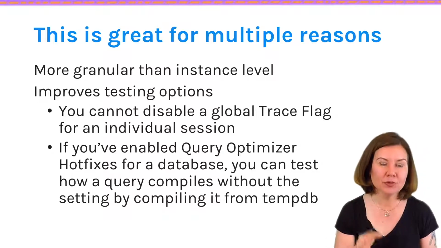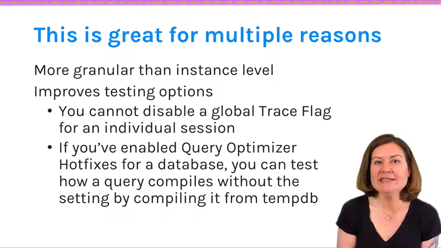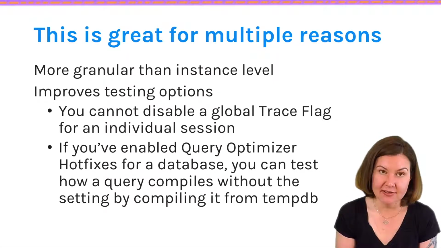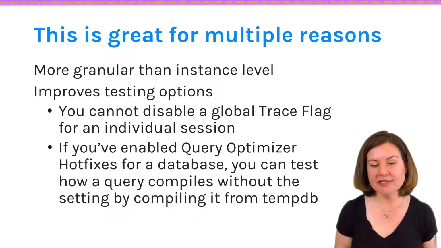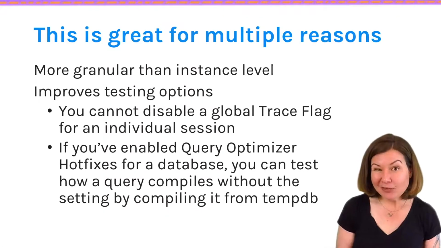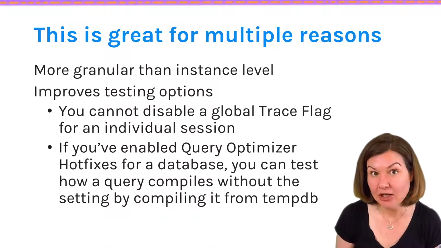It also improves our testing options. So think about this scenario. Let's say I enable trace flag 4199 for my entire instance, and I'm troubleshooting a query. I did it last week, right? Because it fixed something. I'm working on a different query this week, and the query is slow, and I want to know, well, would this query be faster if I didn't have trace flag 4199 on?